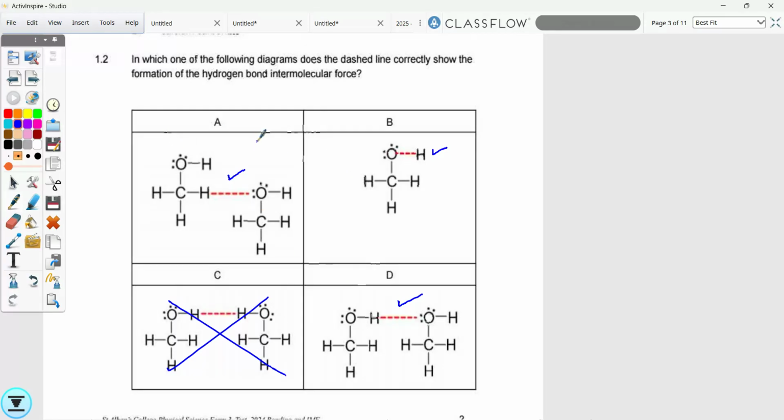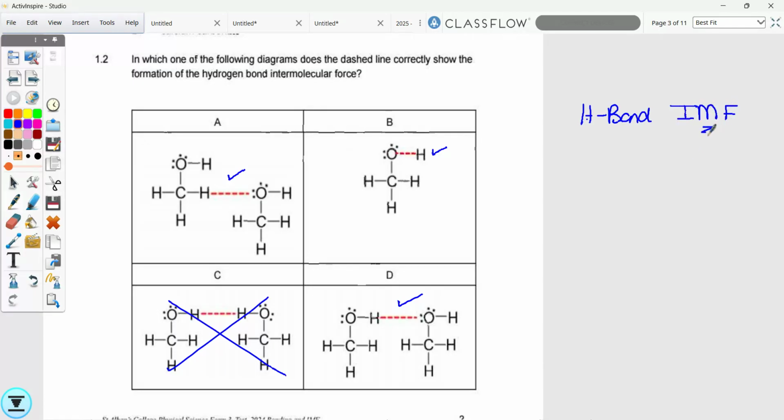So now you need to start limiting what you are doing. The bond must be between the hydrogen of one molecule and the oxygen of another molecule. How many molecules do I have here? Only one. Remember, a hydrogen bond is an intermolecular force.